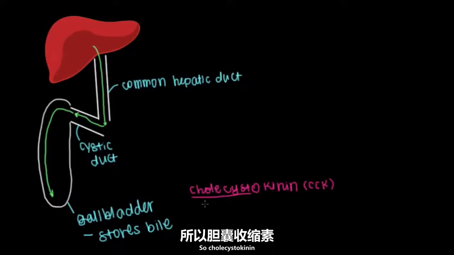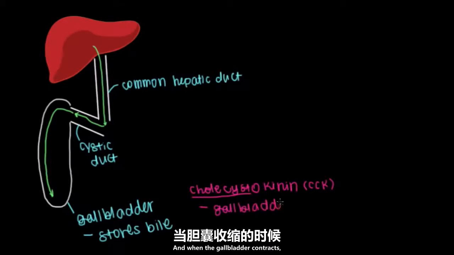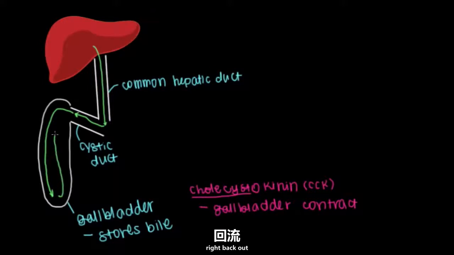So cholecystokinin will cause our gallbladder to contract. And when the gallbladder contracts, remember, it's a blind pouch. So this is just going to squeeze all the bile that's sitting here right back out to flow through the cystic duct and now go somewhere else.